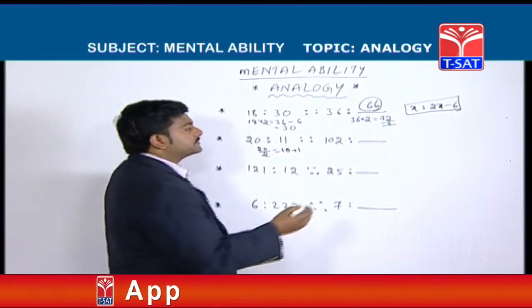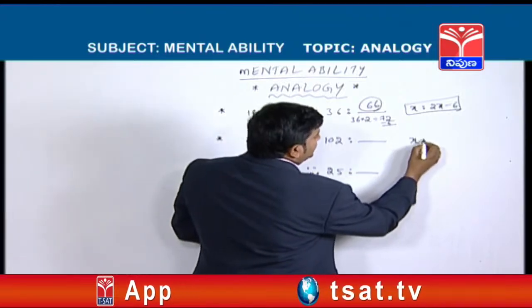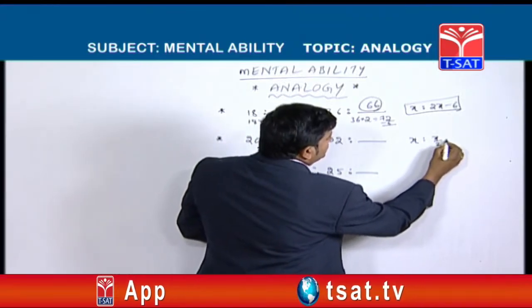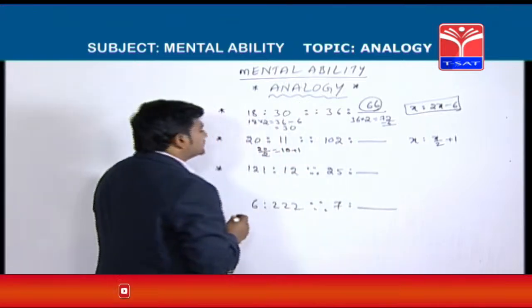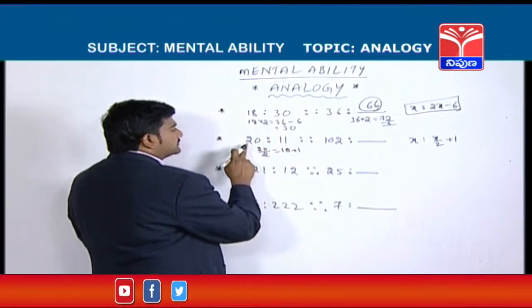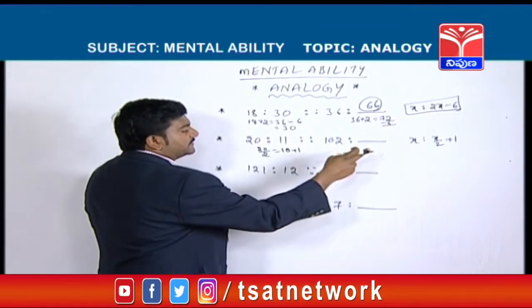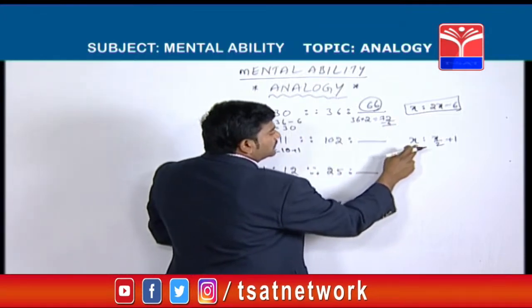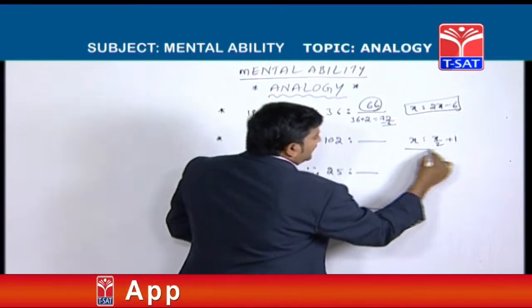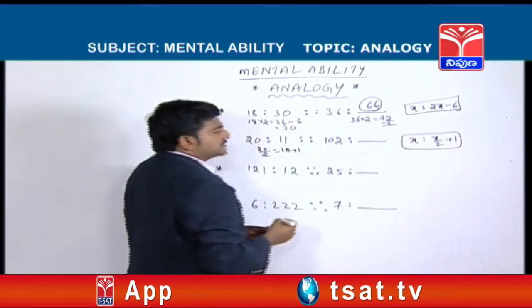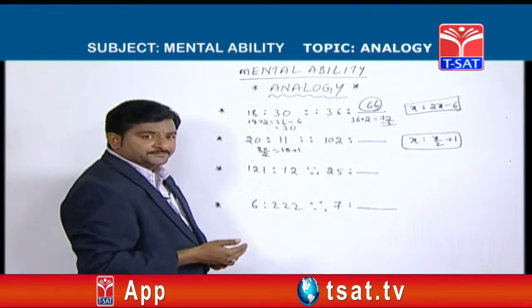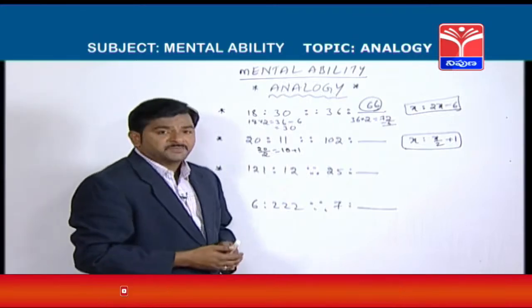So let's say here simply x is given, x is to x by 2 plus 1. That is the concept involved in this logic. Here x is divided by 2 and 1 is added. Here 20 is given, 20 is divided by 2 plus 1. Hence the concept involved for the second model is x is to x by 2 plus 1.